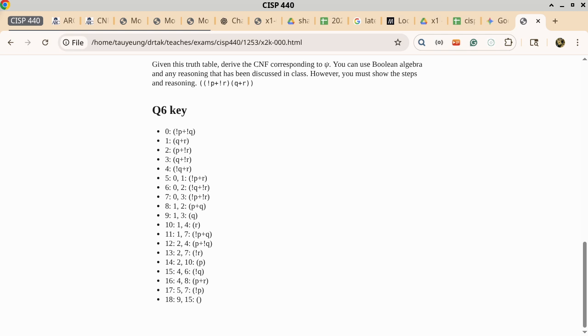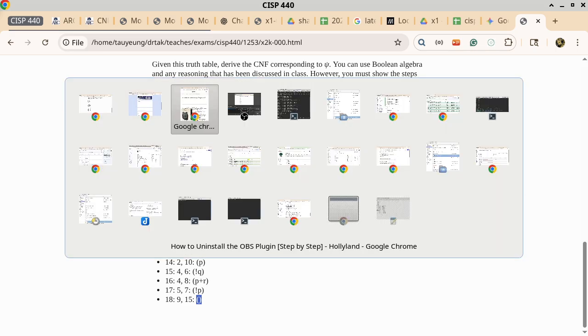Basically, it shows you which one can resolve with which one, resulting in what. Oh, okay, I take it back. I was wrong. You can actually resolve the whole thing because it ends up with nothing inside the parentheses. So it just takes a few more steps to get to that point. But this approach is very systematic.